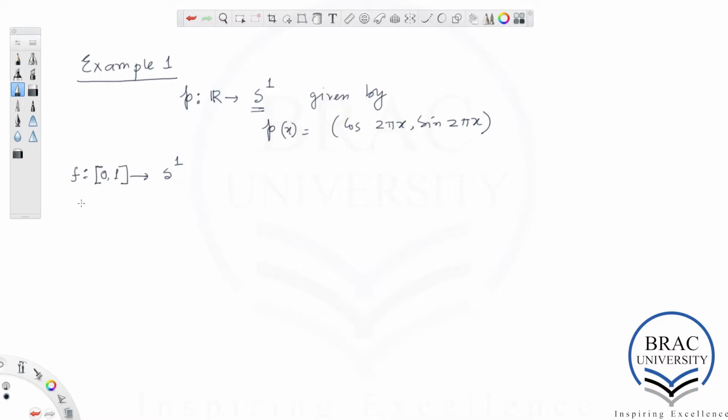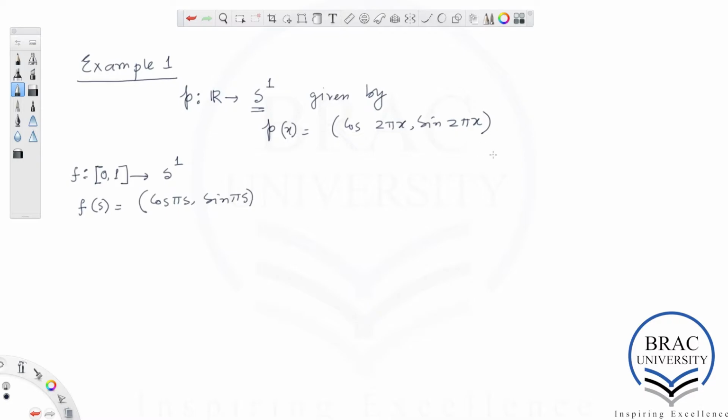Okay, and this is given by the following formula. F of s is equal to cosine pi s, sine pi s. So we need to construct the lift of this path on the unit circle.